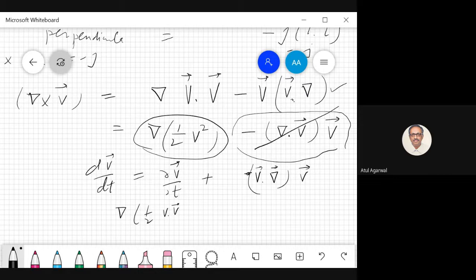V square is nothing but V dot V. So if you take its gradient, half you take outside. Gradient of V dot V plus same thing again, V dot gradient of V. So you're getting gradient of V dot V. So you can write this term as this, not an issue.